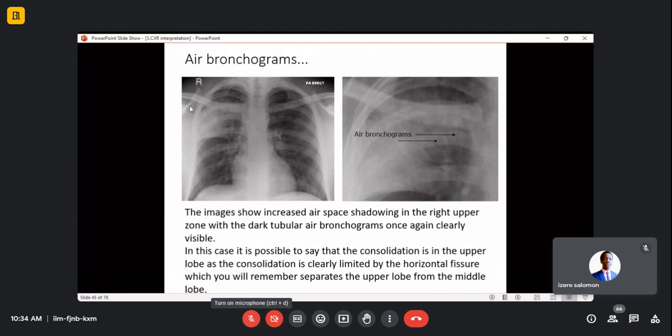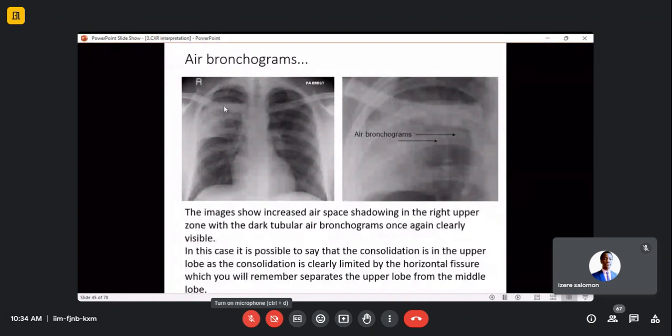And immediately we no longer say that the opacity is in the right upper zone or something. We are no longer using the zone. We are sure about which lobe the opacity is in. So it is in the right upper lobe now, not zone. And we know it is an airspace opacity because it is an opacity with air bronchograms.